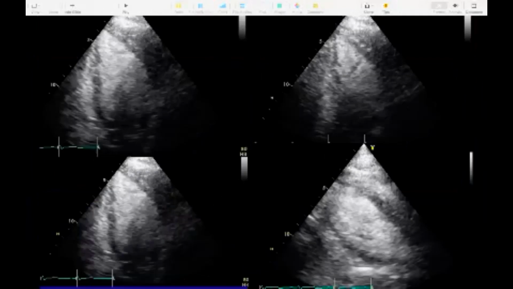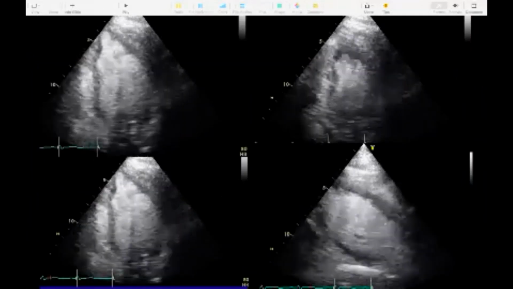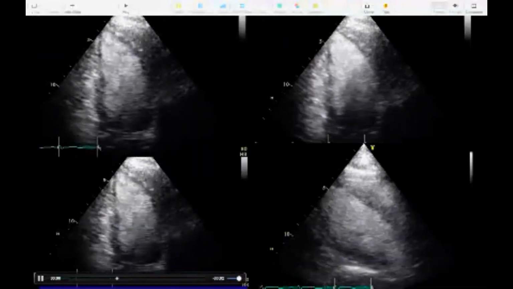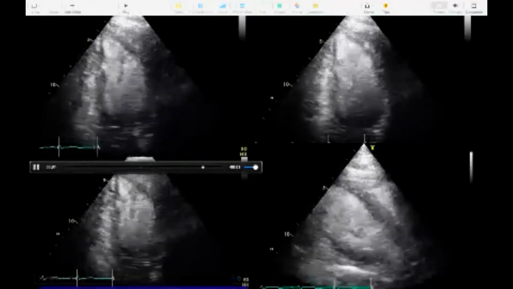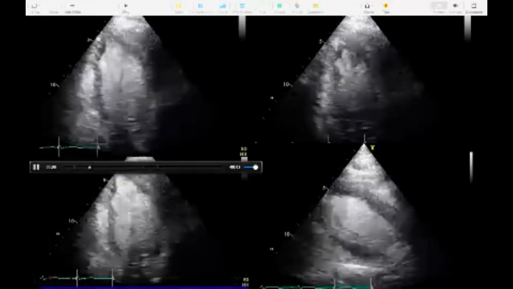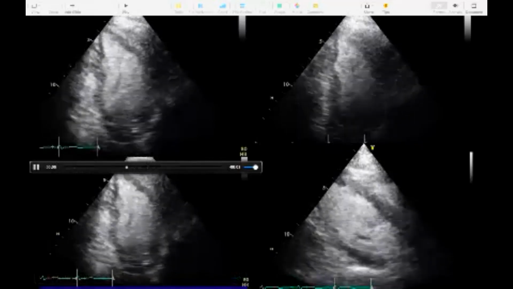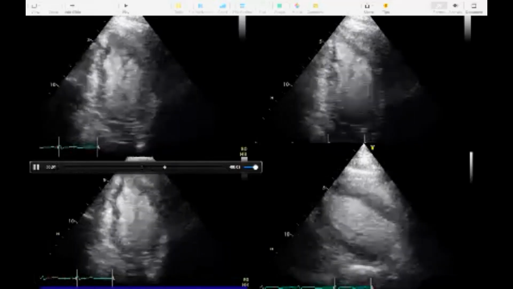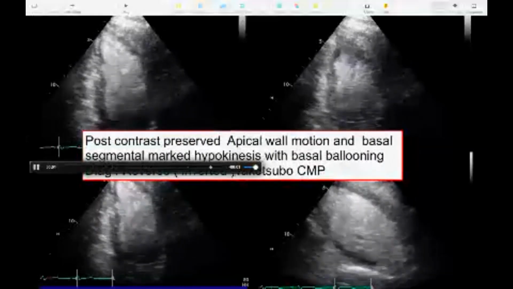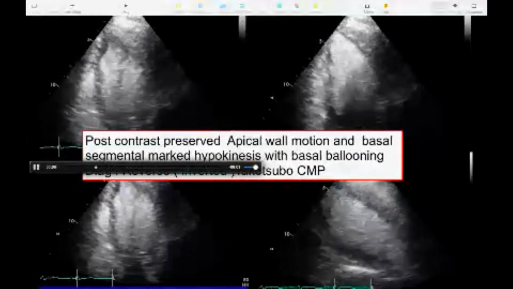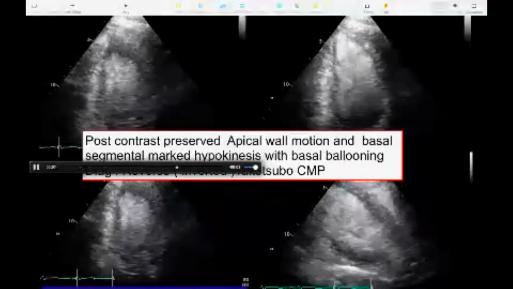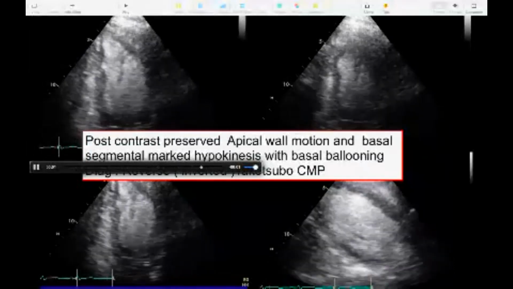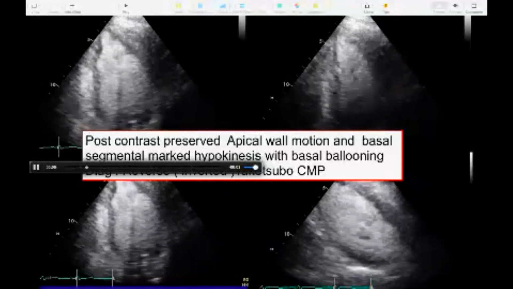When we brought it back for contrast imaging, you can see right here that the left ventricular apex segments contract very well, but the basal and mid segments are significantly hypokinetic. So this case was deemed to be inverted Takotsubo, which can be seen obviously in patients with acute cerebrovascular or other acute insults. So we could not have figured it out without contrast imaging, obviously.